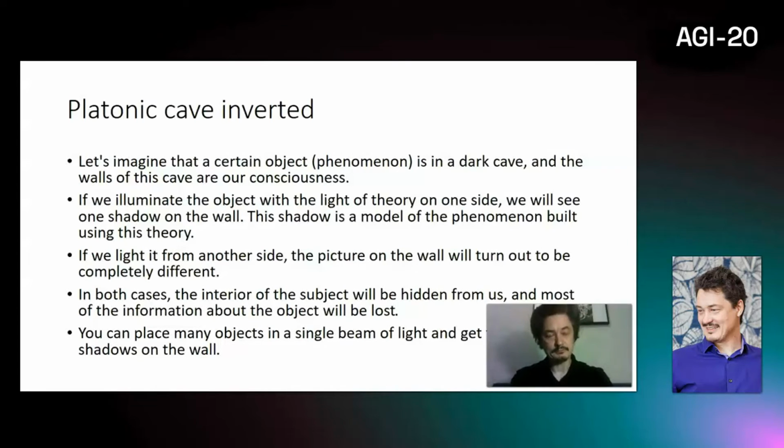Every model is built inside a kind of theory, and we can look at a theory through the Platonic cave metaphor. We can see a theory as a viewpoint on a certain subject, and we illuminate the subject with the light of the theory and look at what the shade is.